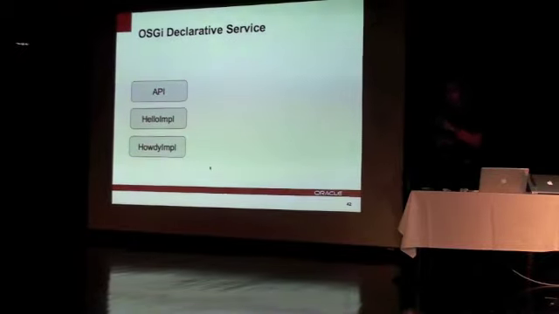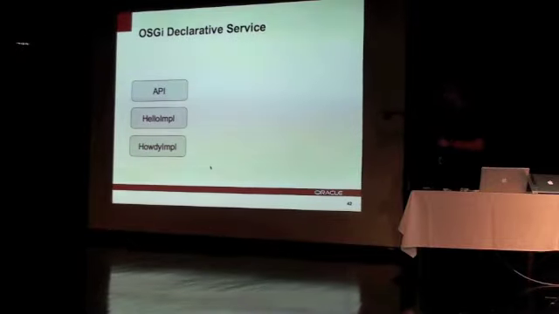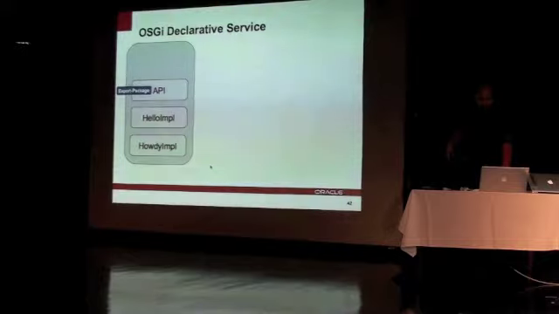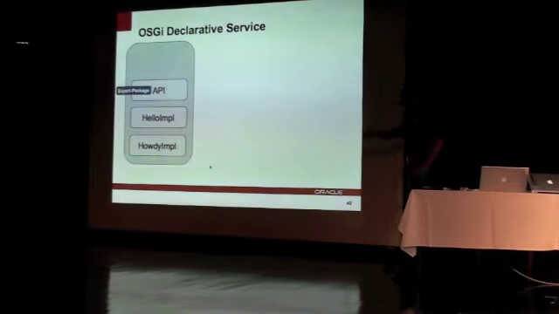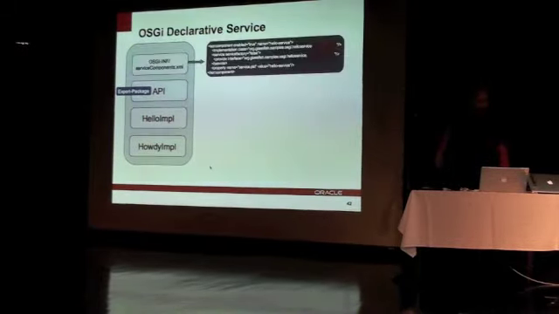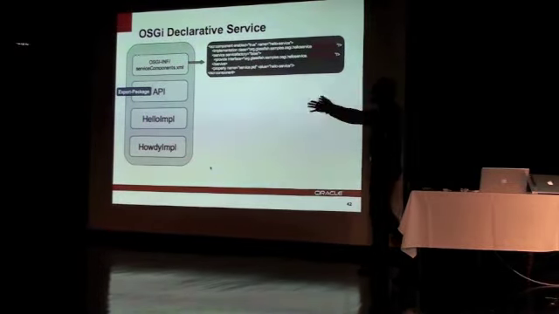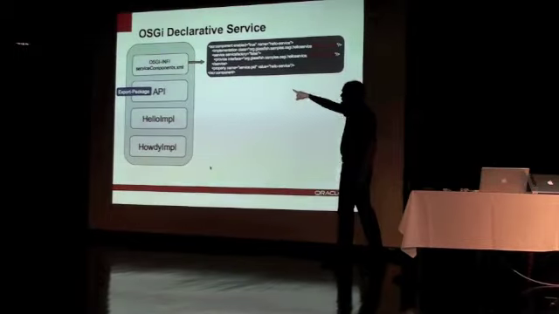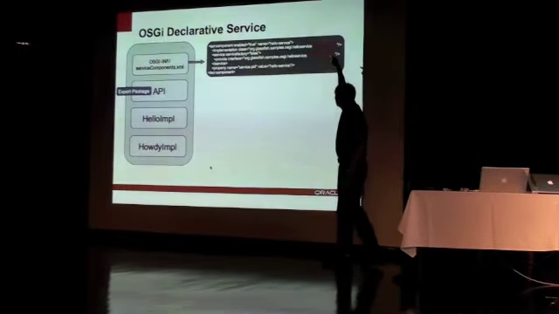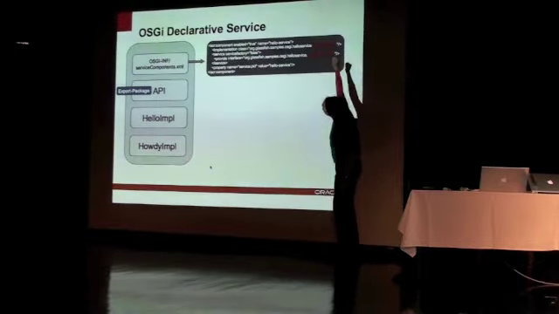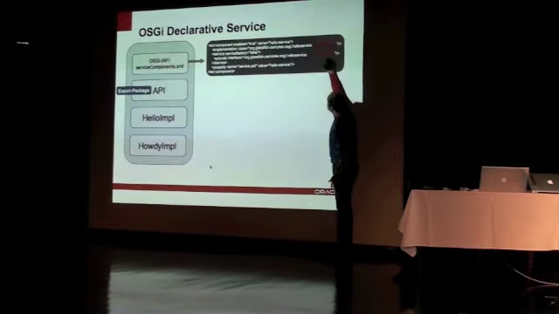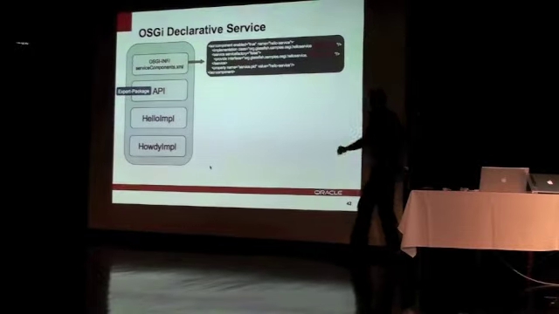So how does the OSGi declarative service really work? Well, we have an API, we have an impl, and we have a howdy impl. Let's say an API has two impls. We of course have an export package, and both the impls use that export package. In my OSGi jar file, I'm going to define a service components.xml, and I have a hello impl, which is implementing this service, which is coming from the API package.